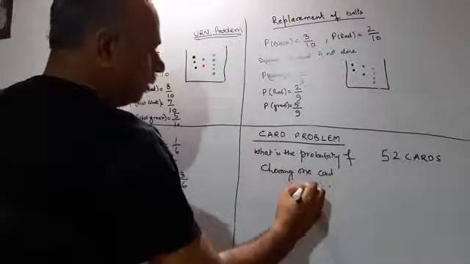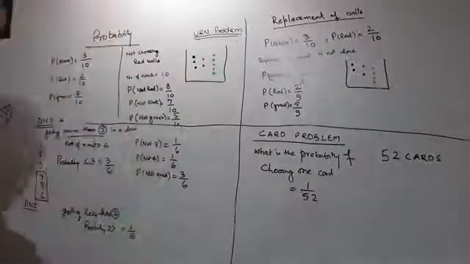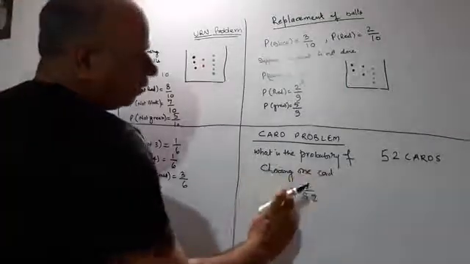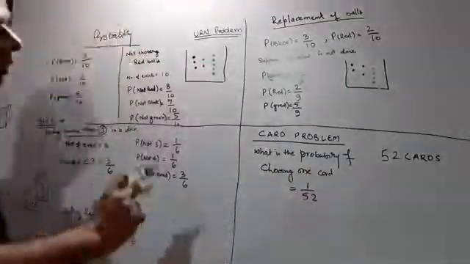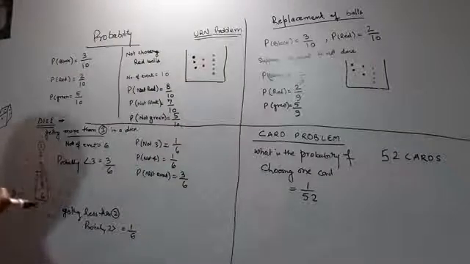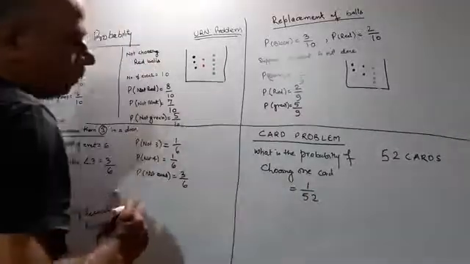That will be 1/52. In case of replacement, the probability of choosing one card will be 1/52 as many times as you pick a card. All the time the probability of choosing one card will be 1/52.